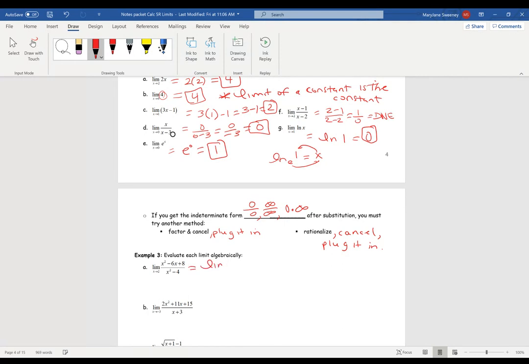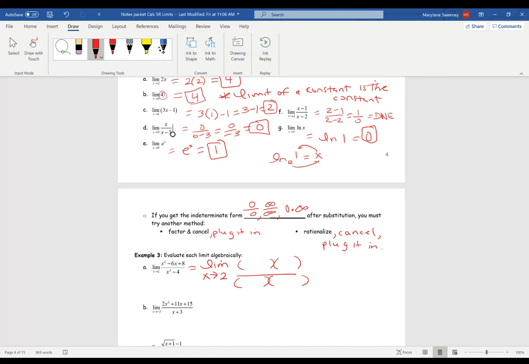Okay, limit as x approaches 2. Now, talking about proper notation, you do have to write limit every time until you do the limit. So here I'm doing limit as x approaches 2. I'm going to factor.